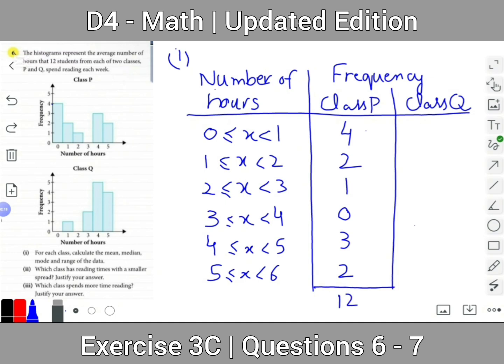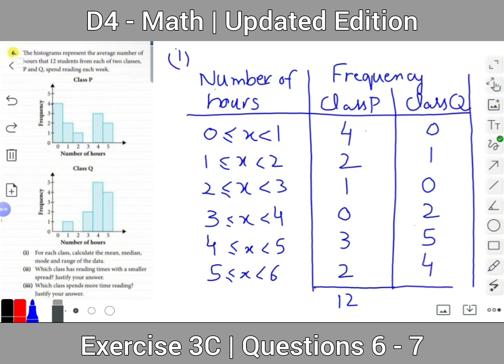Now for class Q, for class interval 0 to 1 we have the frequency 0, for 1 to 2 we have the frequency 1, for 2 to 3 we have again 0, for 3 to 4 we have 2, for 4 to 5 we have 5, and for 5 to 6 we have 4.